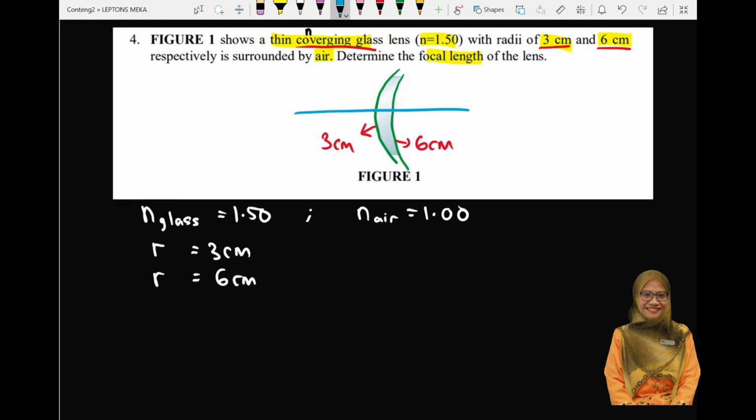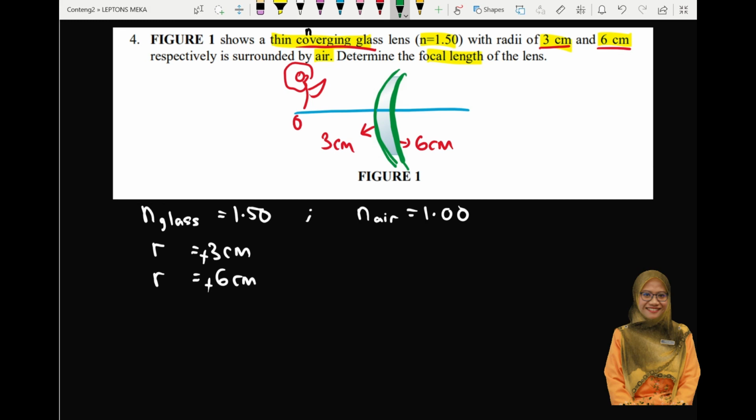So let's say I just use this diagram. Let's say you have the object at the left of the lens. So this is your object, and your object facing the convex surface. So bila convex surface, maksudnya R it should be positive. So ini adalah positif, ini pun adalah positif lah, sebab both surface are convex. Cuma masalahnya tadi saya dah terang macam mana nak tentukan radius mana yang lebih besar dan lebih kecil.